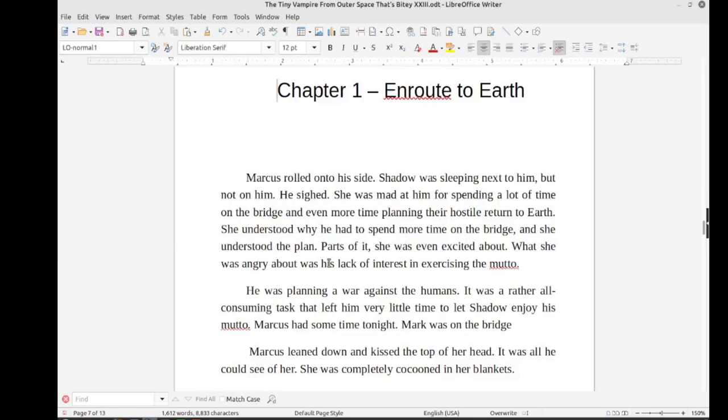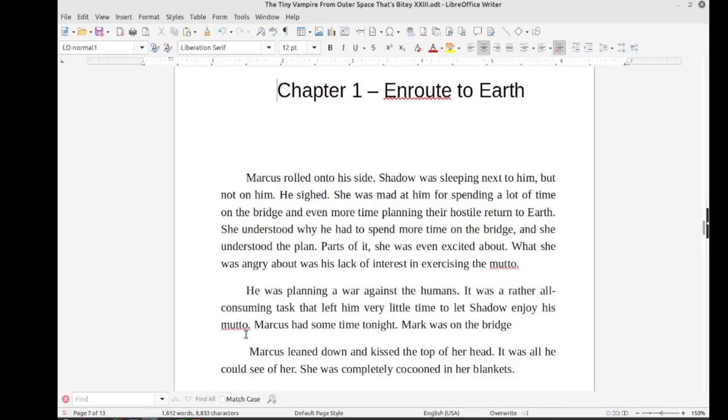Parts of it she was even excited about. What she was angry about was his lack of interest in exercising the motto. He was planning a war against the humans. It was a rather all-consuming task that left him very little time to let Shadow enjoy his motto. But Marcus had some time tonight. Mark was on the bridge.